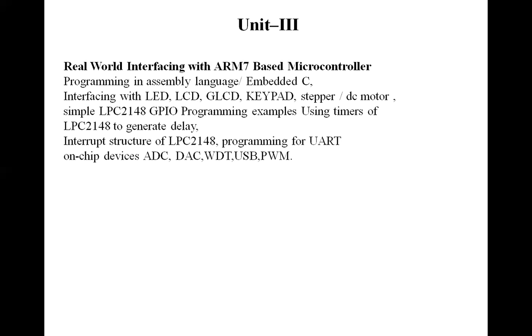I am going to tell you the programming as well as how you can configure ARM7 for these operations. As well as I will give you a study of on-chip peripheral devices like ADC, DAC, watchdog timers, USB, and pulse width modulators. All these things I am going to tell under unit number 3.